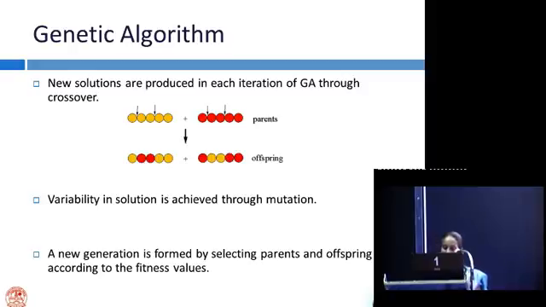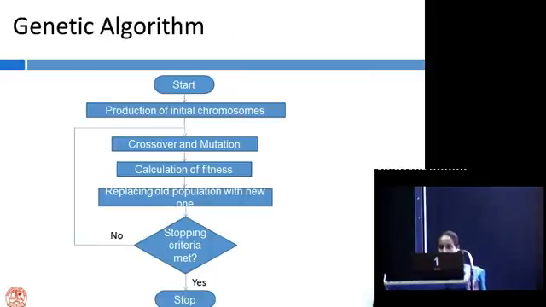And the next generation is formed by selecting parents and offspring according to their fitness values. This is the general approach of genetic algorithm. We initialize chromosomes, we apply genetic operators, crossover and mutation, and we calculate the fitness values, and depending upon the fitness values, we determine the next generation, and if the stopping criterion is not met, then we repeat the iterations.